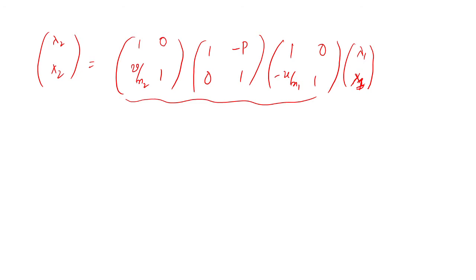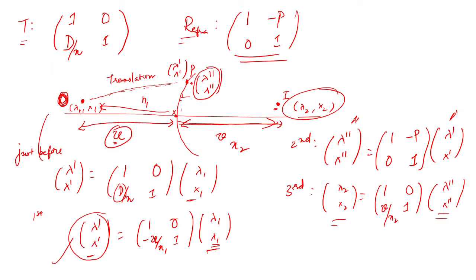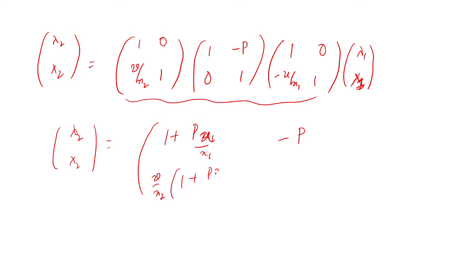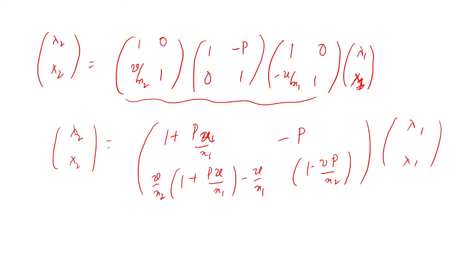And if you perform that matrix multiplication, then you can see that lambda 2 x2 is equal to 1 plus p times u by n1, or u by n1 minus p. Then here you would have v by n2 times 1 plus pu by n1, minus u by n1, 1 minus vp by n2, right, times lambda 1 x1, right?